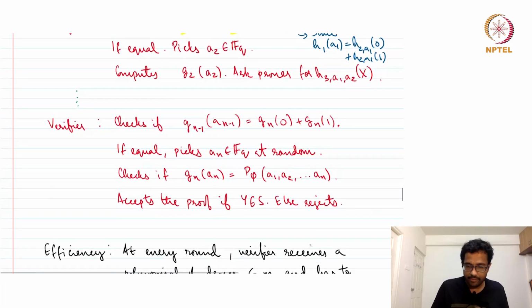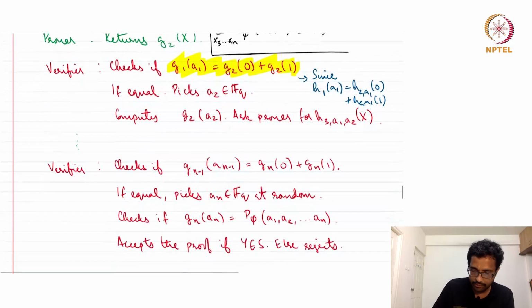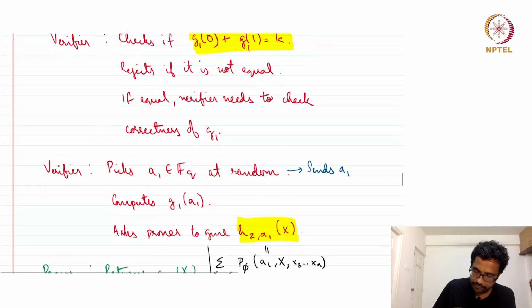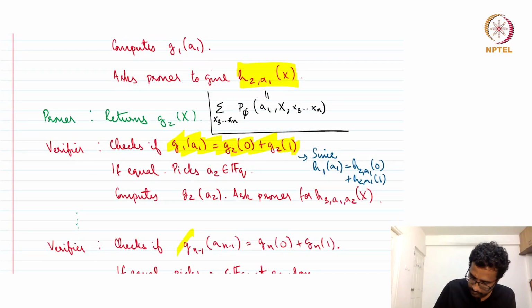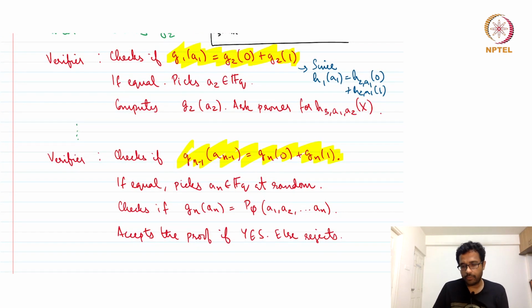And at the end, the verifier will just check whether Gn minus 1 An minus 1 is equal to Gn0 plus Gn1, which is just like what we did above. And if they are equal, the verifier will pick An at random and do a complete check that Gn An is actually equal to the polynomial value evaluated at A1, A2 up to An.